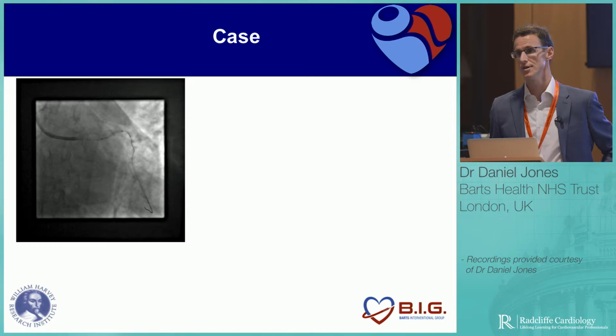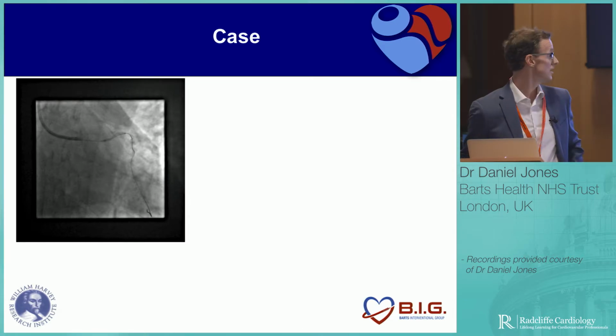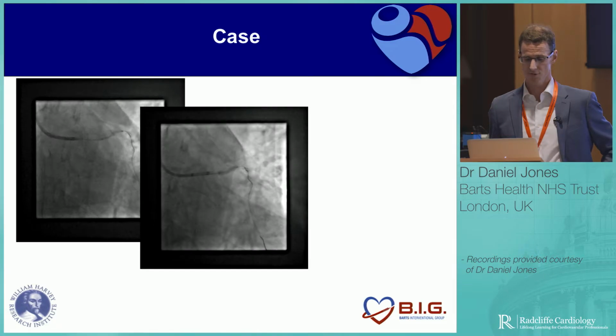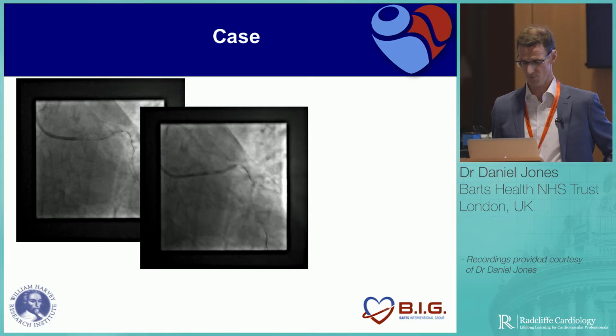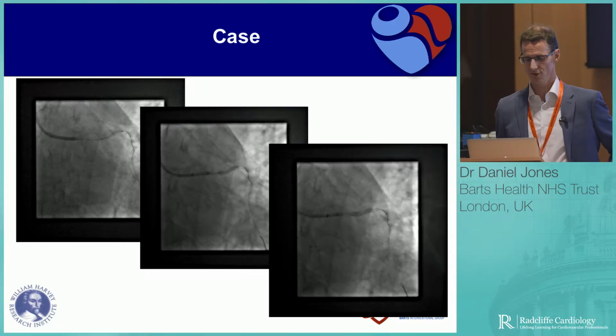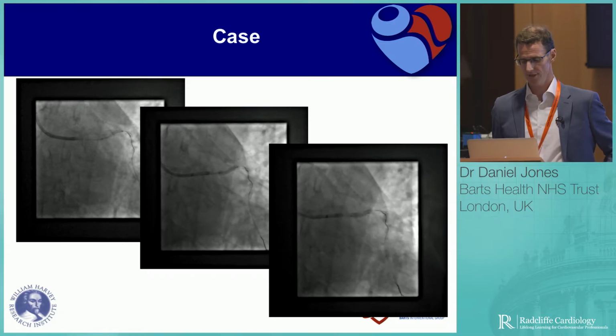Now, a standard balloon escalation strategy was initiated, initially with a 2.0 semi-compliant balloon, which is restricted, followed by a 2.5 non-compliant balloon, again with some restriction and waisting of the balloon in the proximal third, and then a scoring balloon, a 3.0 Scoreflex balloon, which again is restricted.